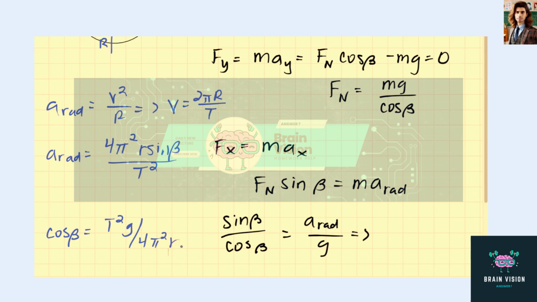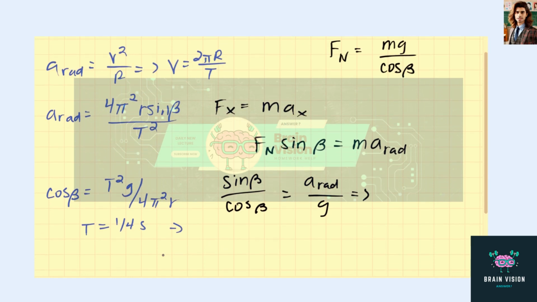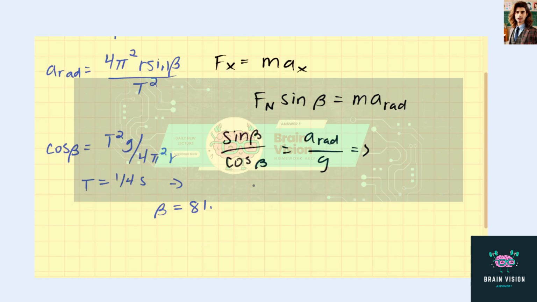They gave us the period as a quarter of a second, since the rate is 4 revolutions per second. So since T is 1/4 of a second, that gives us that beta is equal to 81.1 degrees.